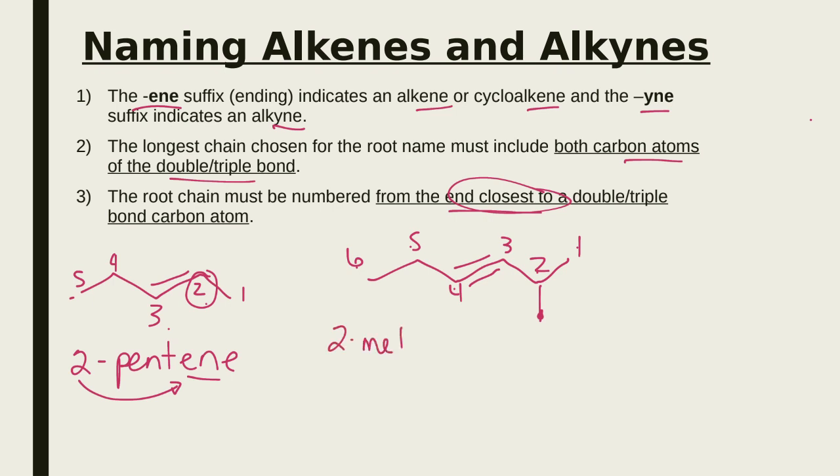So I have a methyl on carbon 2. It's the only branch. And now I have to indicate the pi bonds and where they are located. You pick the lower number. So the pi bonds are sitting on carbon 3 of the root name, which is hex. And then this is a triple bond, so don't forget you need a suffix of "-yne". So the full name is 2-methyl-3-hexyne.